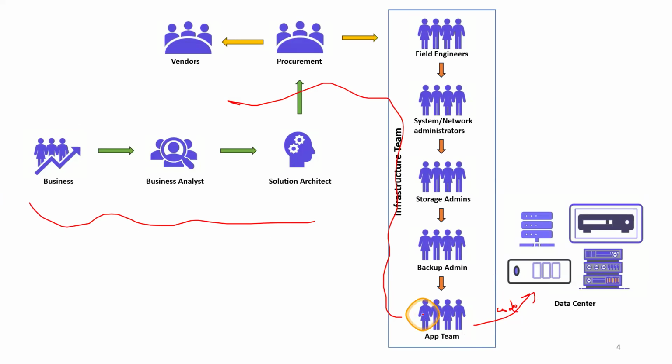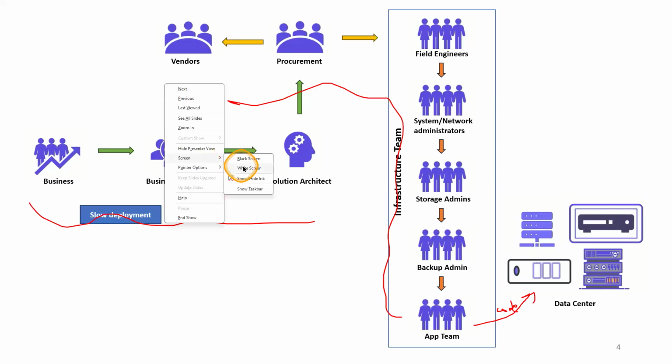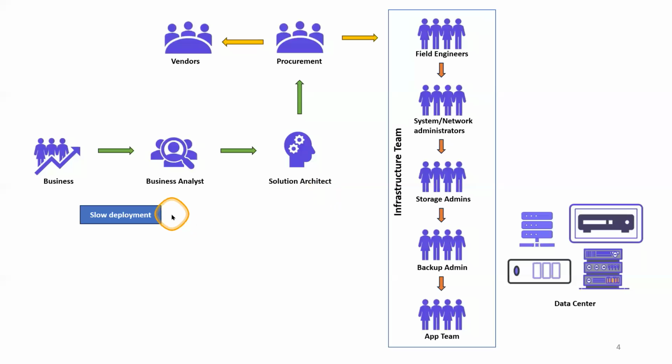So the turnover time varies from weeks to months for everything to be ready for the application deployment. That is one of the biggest problems, and that's the reason it is called a slow deployment model.